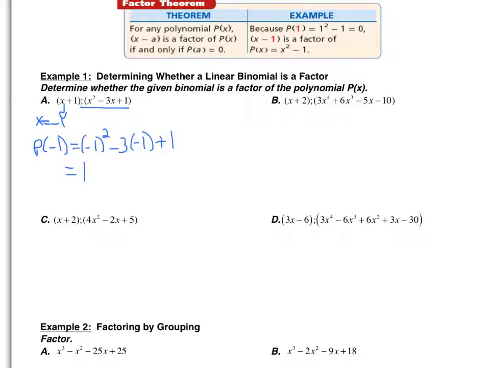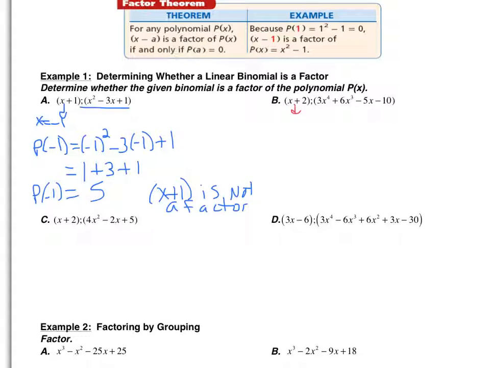Negative 1 squared is 1. Negative 1 times negative 3 is a positive 3, plus 1 equals 5. So in that case, x plus 1 is not a factor, because if I plug in negative 1, I should get 0, and I did not. So let's try the next one.